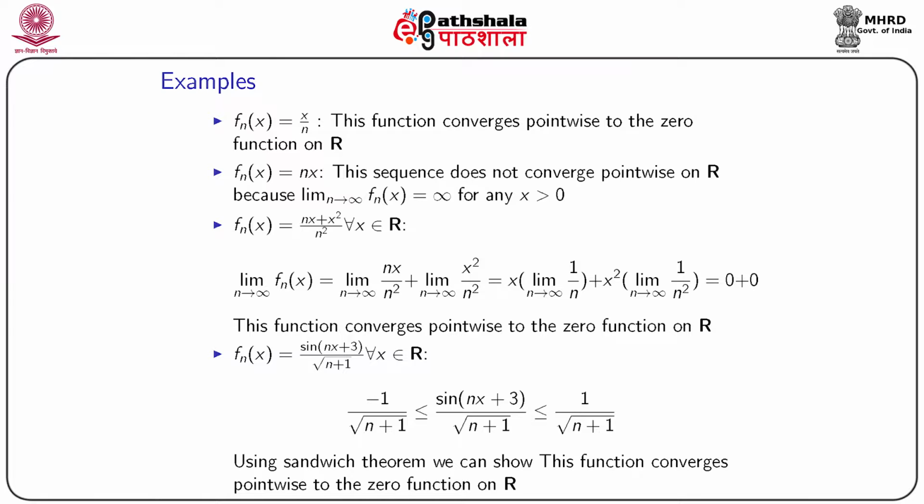If we take the limit, the left hand side, minus 1 over square root of n plus 1, will tend to 0. For the right side, the same thing will happen: the limit as n tends to infinity of 1 over square root of n plus 1 will also go to 0. So using the sandwich theorem, the limit of this fn(x) will go to 0, and we can say that the function converges pointwise to the 0 function on R.